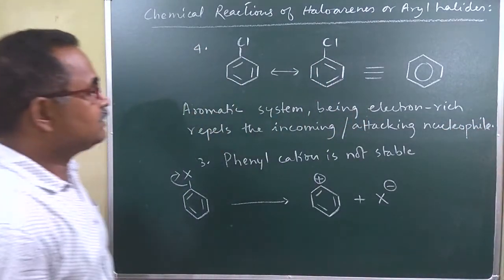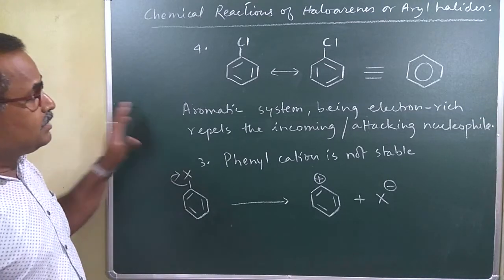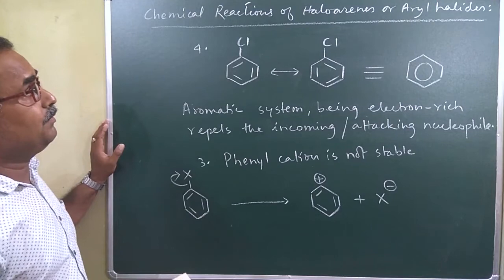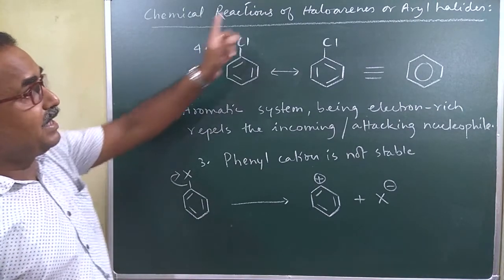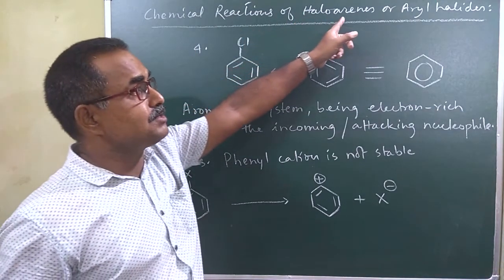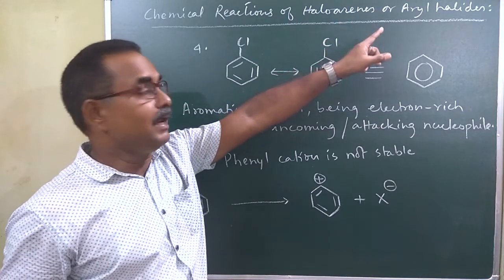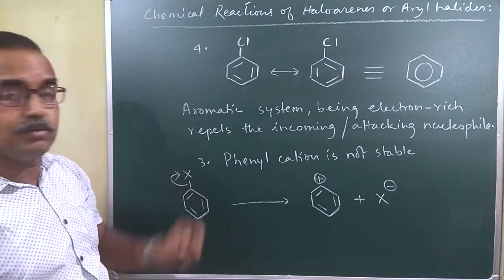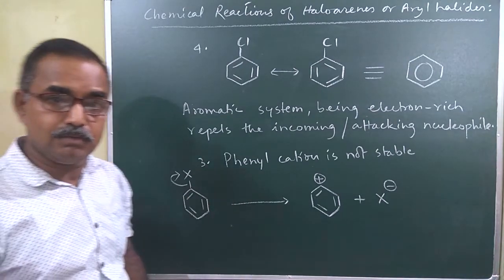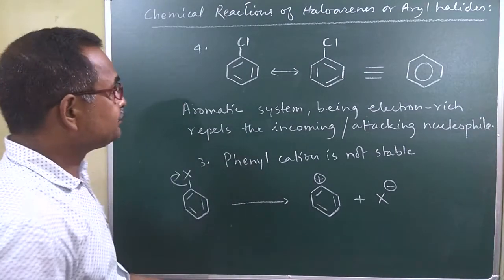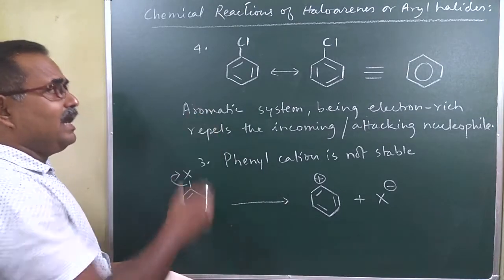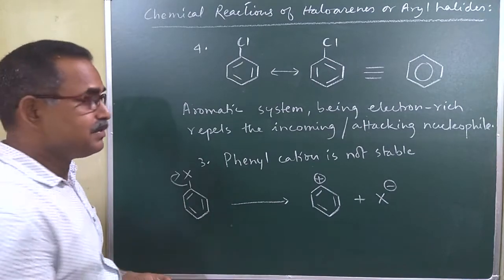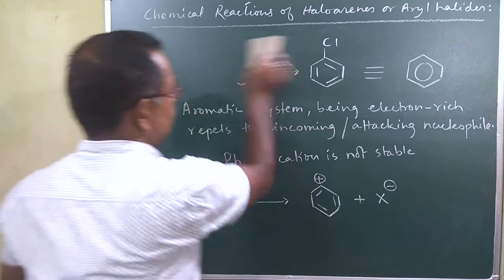So this is another reason. In this way, we have discussed 4 reasons for explaining the lesser extent of reactivity of haloarenes or aryl halides compared to haloalkanes or alkyl halides towards nucleophilic substitution. However, aryl halides may undergo some nucleophilic substitution under very specific conditions.